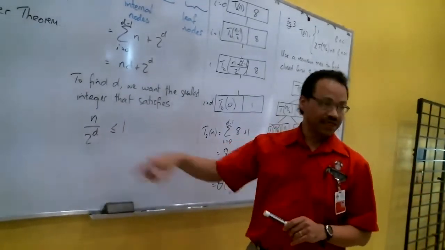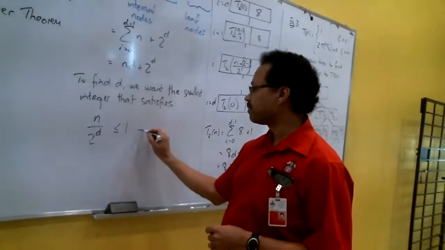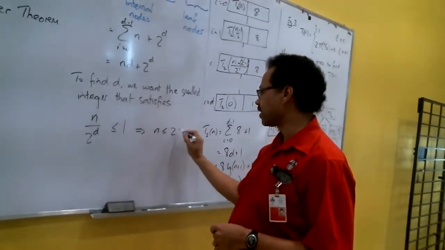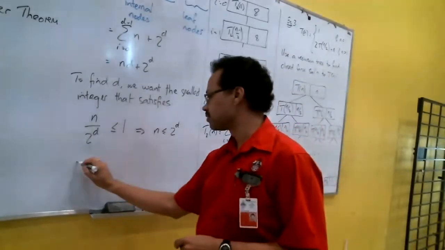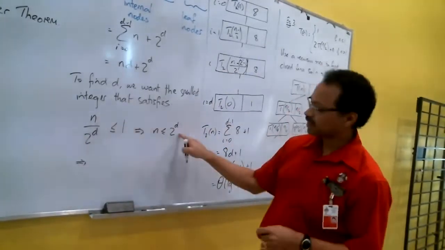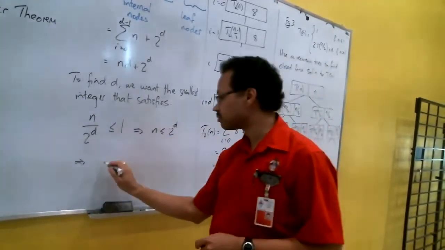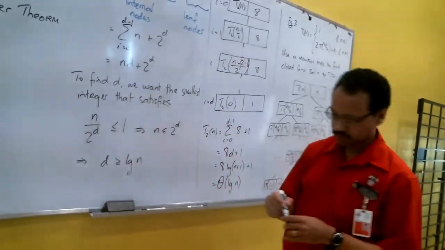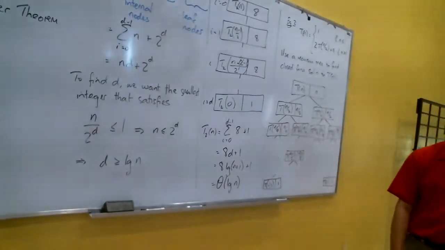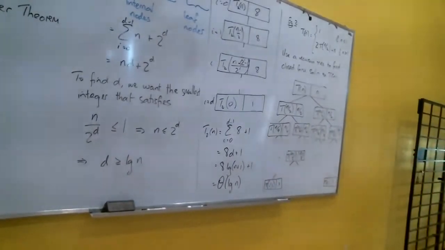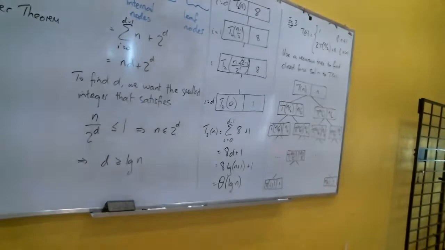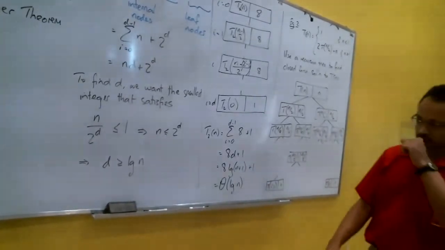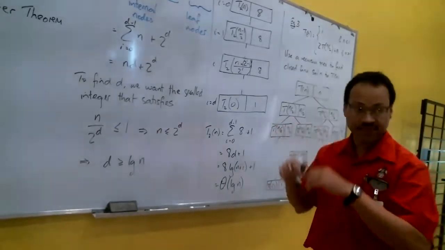And if n over 2 to the d is less than or equal to 1, that means d is greater than or equal to log n. So the earliest integer that's going to satisfy that, of course, is the ceiling of log n.